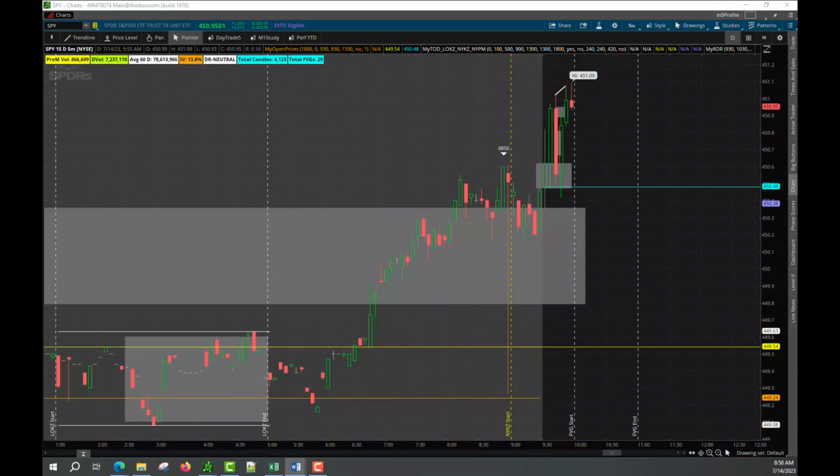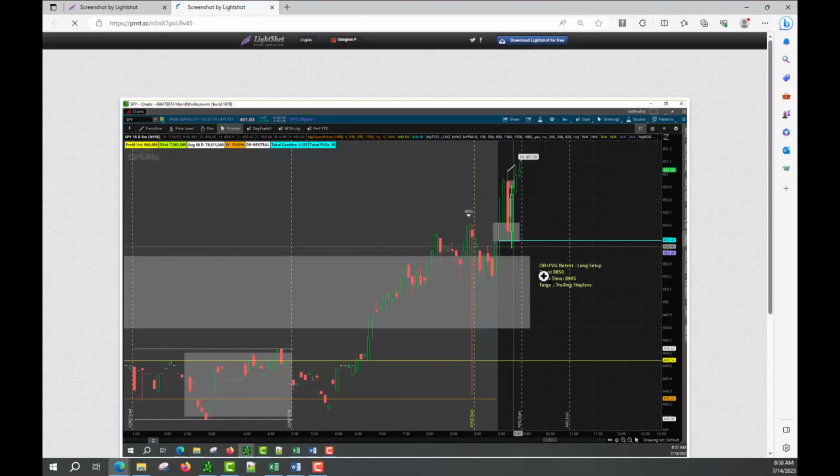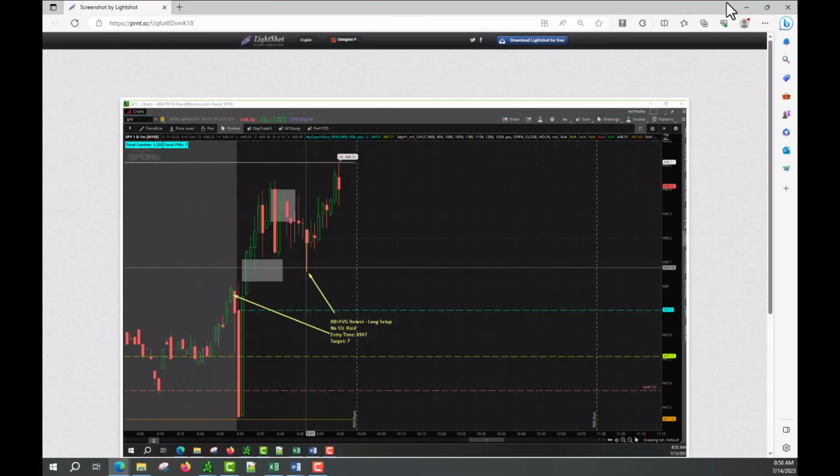Hold on, I think I did something not right. Yeah, this is not an order block. This is a breaker, not an order block. So let's fix that again.